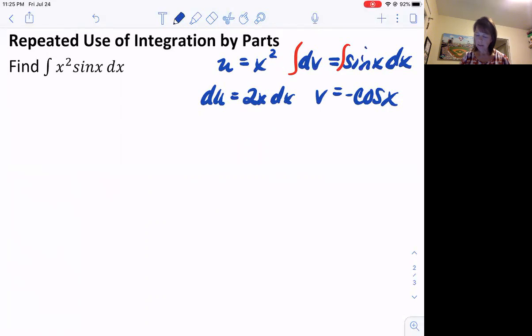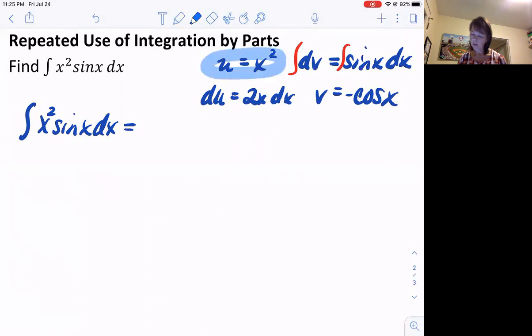So now I'm going to leave out the formula here. We have the integral of x squared sine x dx is then equal to uv. Here's our u and here's our v.